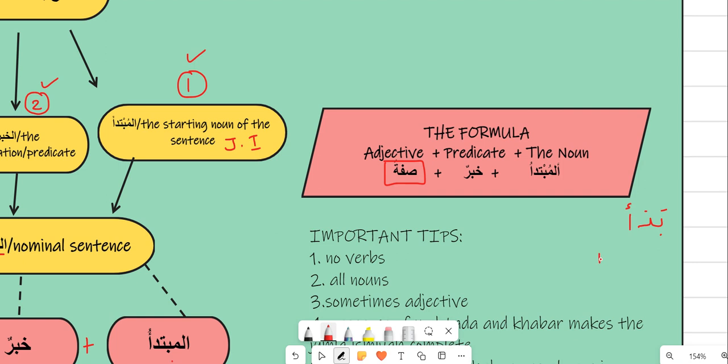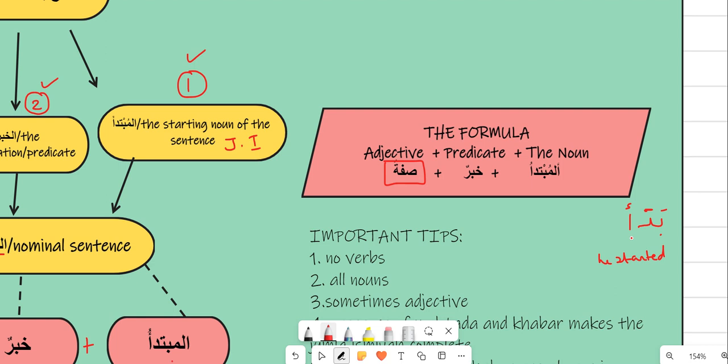And from the past tense, let me tell you, we get all the nouns. For example, from the past tense we can make the present tense, we make the command, we make the maf'ul, name of the object, we make the name of the doer, we make verbal nouns. We make everything from the past tense.